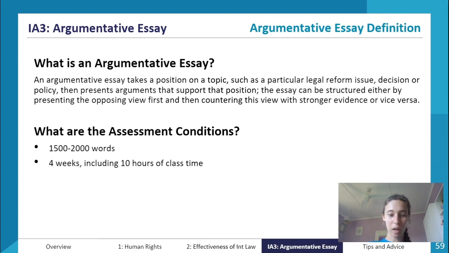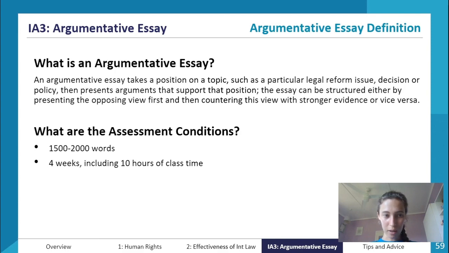We're going to look a little bit at that now: what it is, what your assignment conditions are, and some examples to give you a little bit of an idea of how to go about this. Hopefully you'll go through it at school as well, but this can just foreground that.